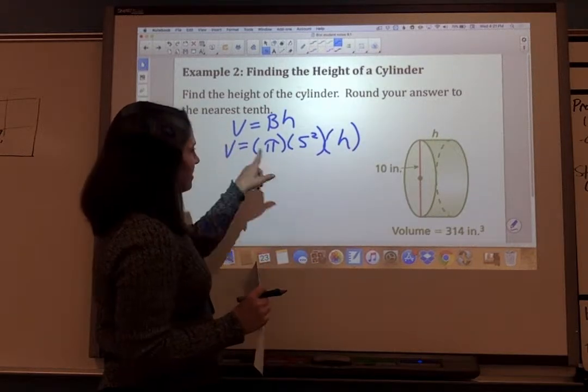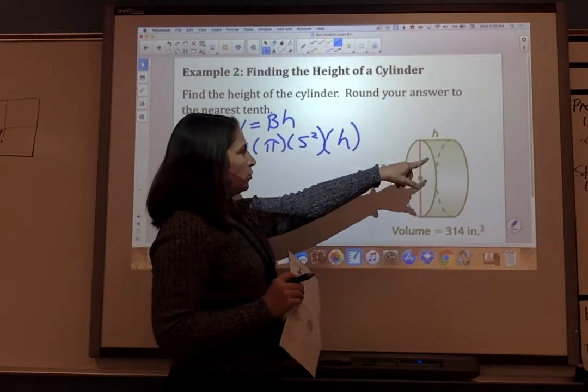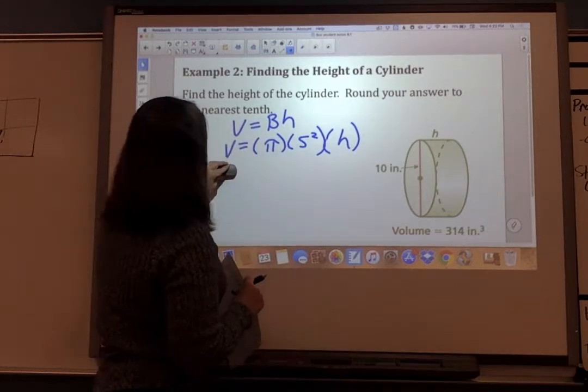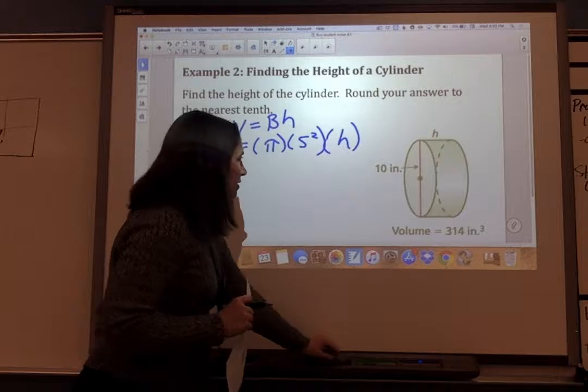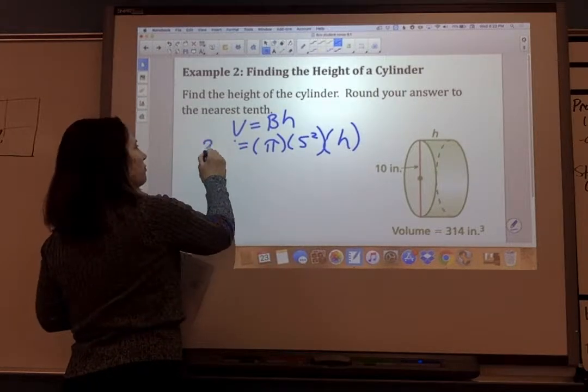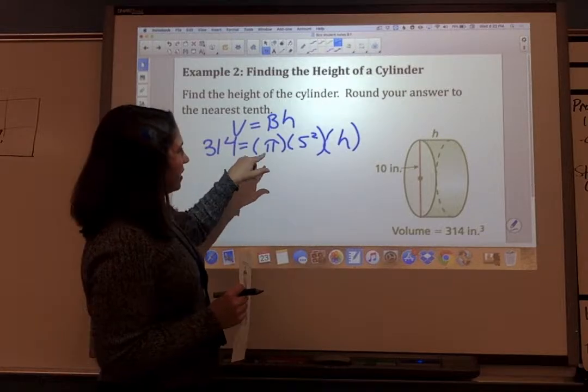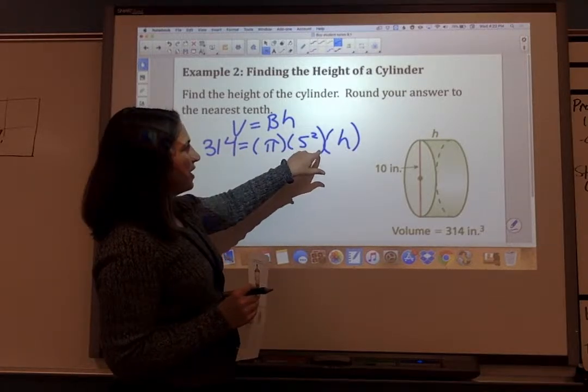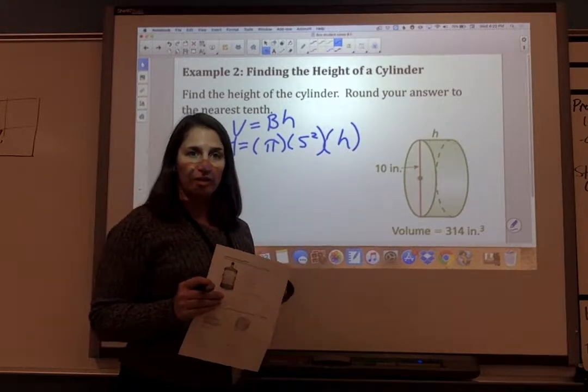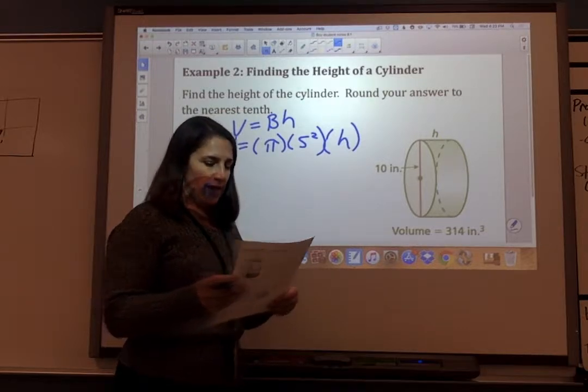Now in this case, they actually gave us the volume, and we are going to find the height. So I'm going to erase this V and substitute that for 314.